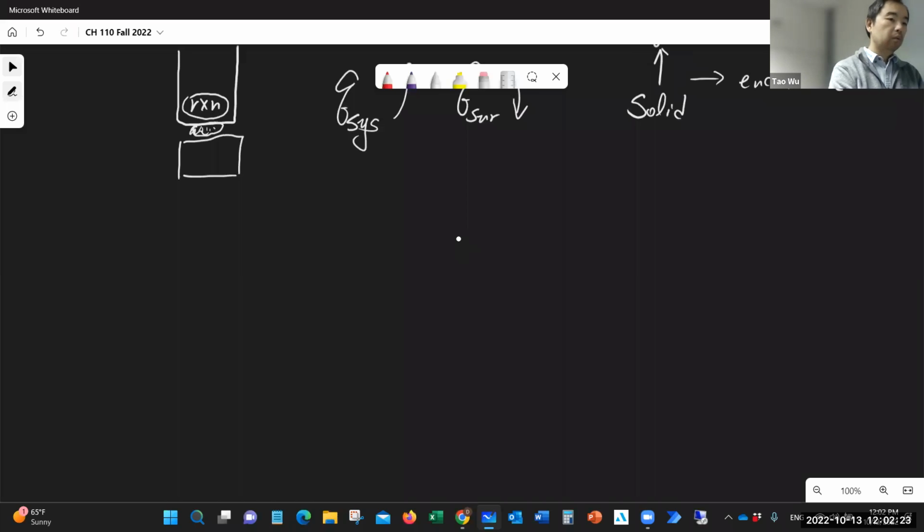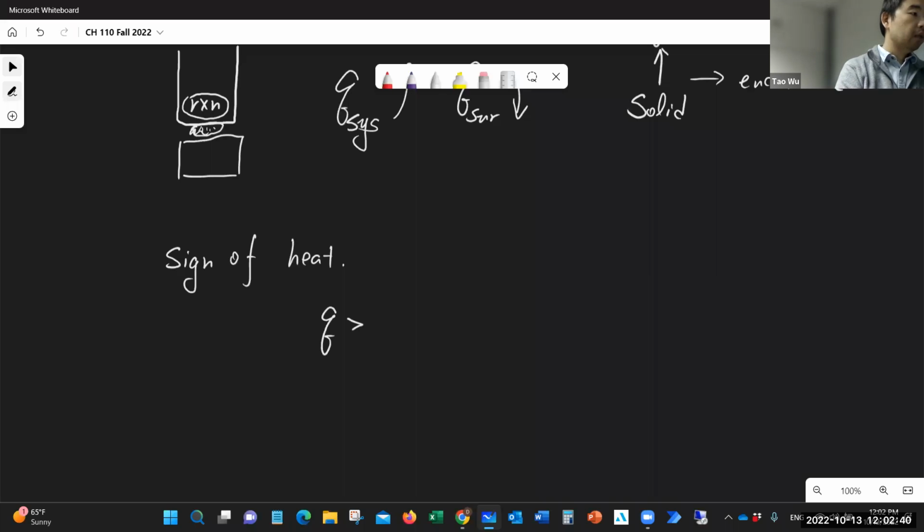The next part, we're going to talk about the sign of the heat. The heat can have a sign. If the heat is positive, this is generally endothermic. If the heat is smaller than 0, which is negative, this is exothermic.